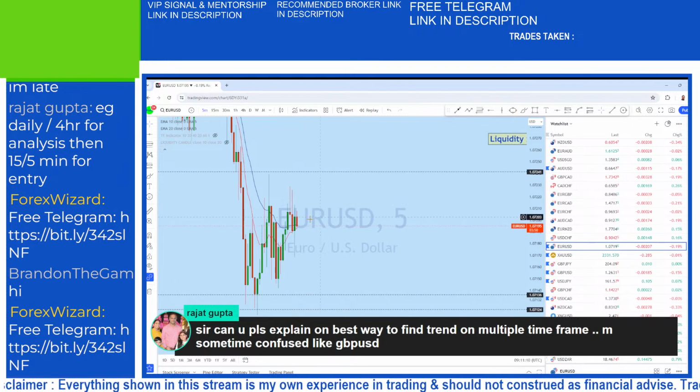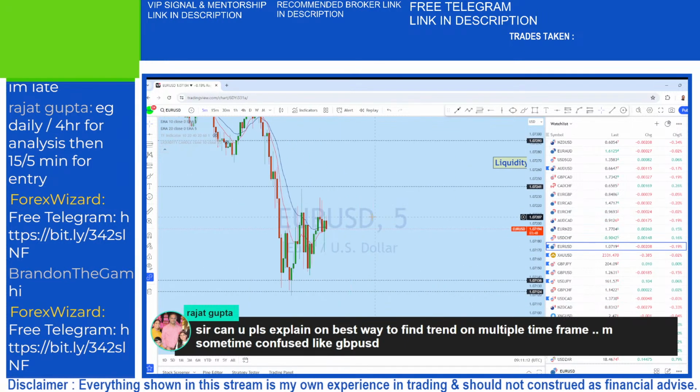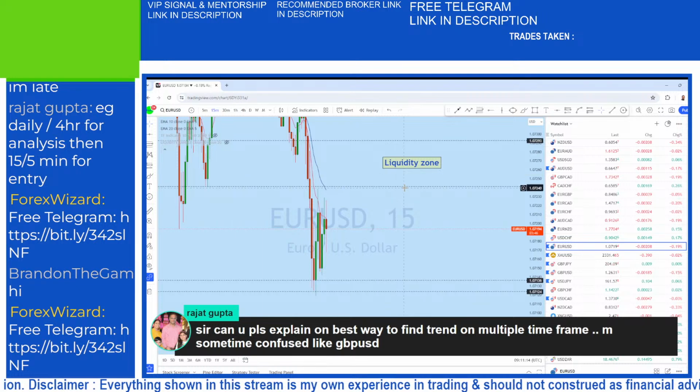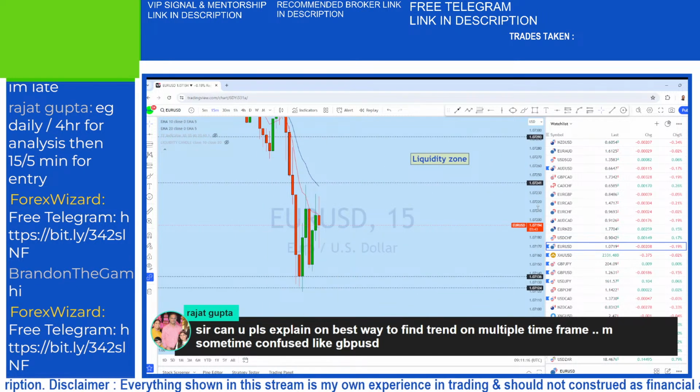Okay, here, pretty weird price action, I would say. Very interesting price action.